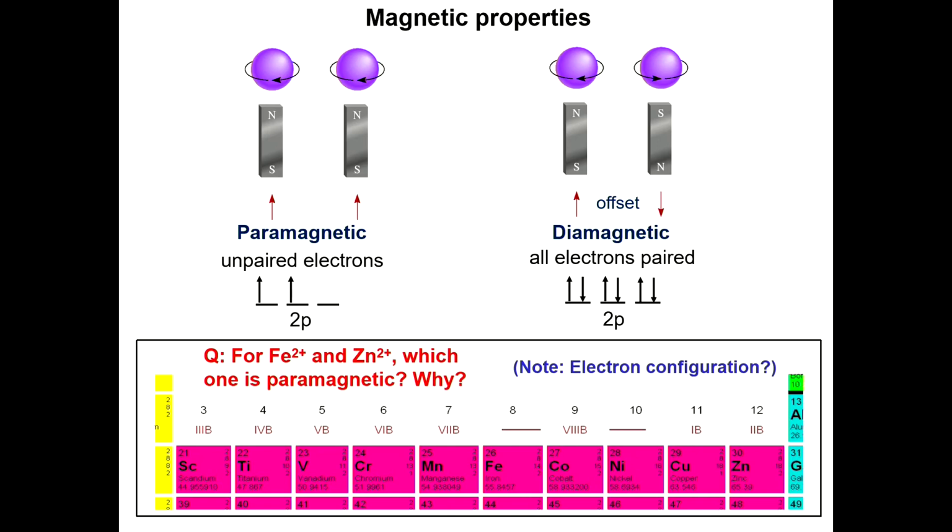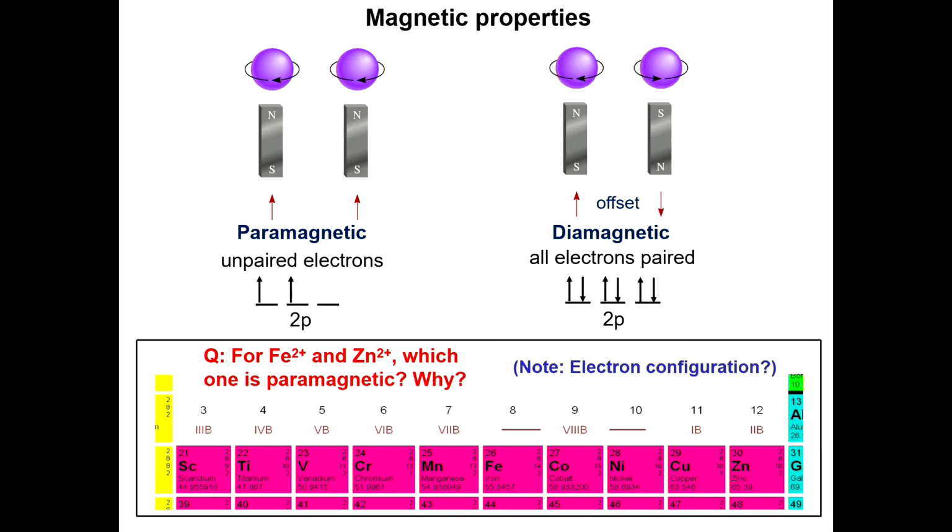Okay, so we introduced the fourth quantum number, which is MS. MS represents the spin direction of the electron. For example, in this case there are two electrons.